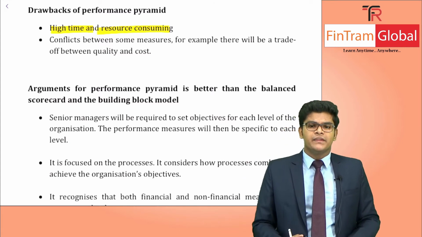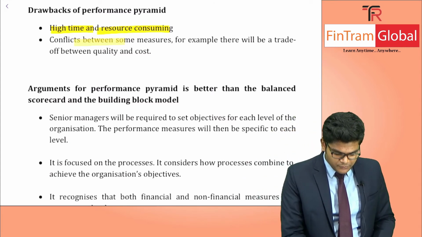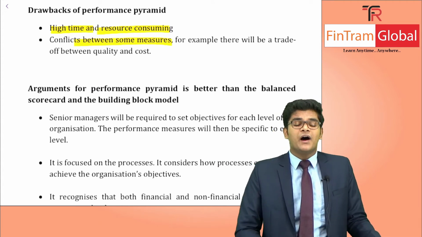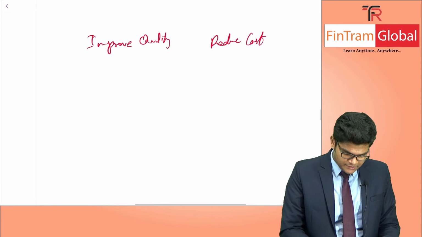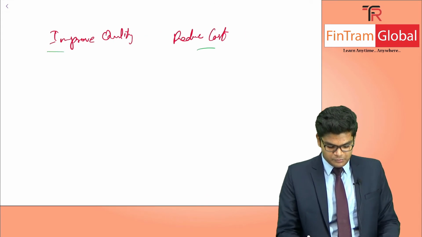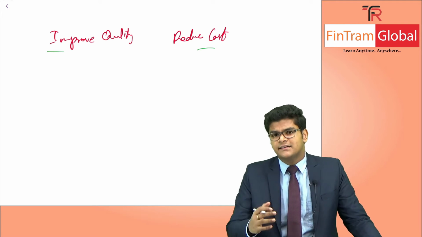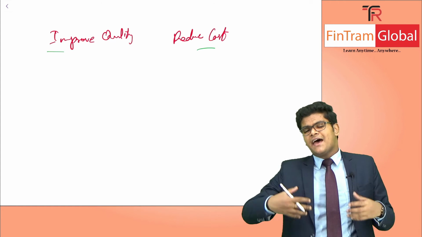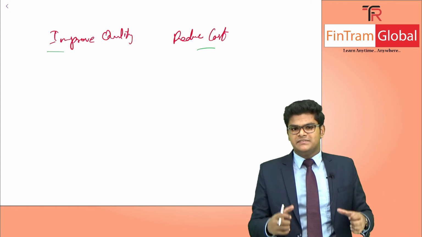And secondly, there would be conflict between some measures. Now what does it mean? There's an example given here between quality and cost. Let's take a look at this, shall we? We have two objectives here. One is to improve quality and another is to reduce cost. We have assigned, let's say, a measure to each of these objectives.